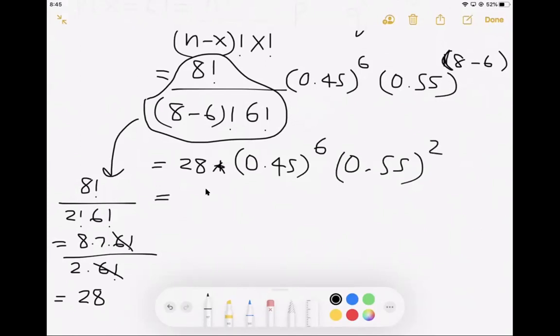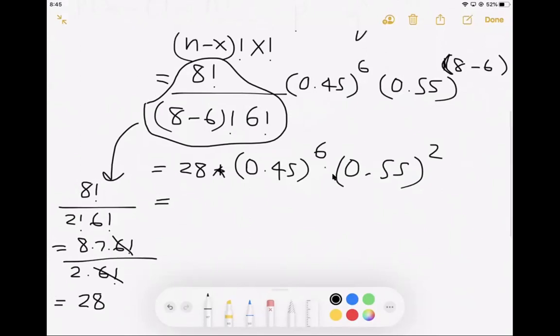Now use a calculator for the multiplication: 28 times 0.45 to the power 6 times 0.55 squared. Then what is the answer? Using a calculator we can find this answer. It will be like this. If it's a probability, write it up to 3 decimal places.